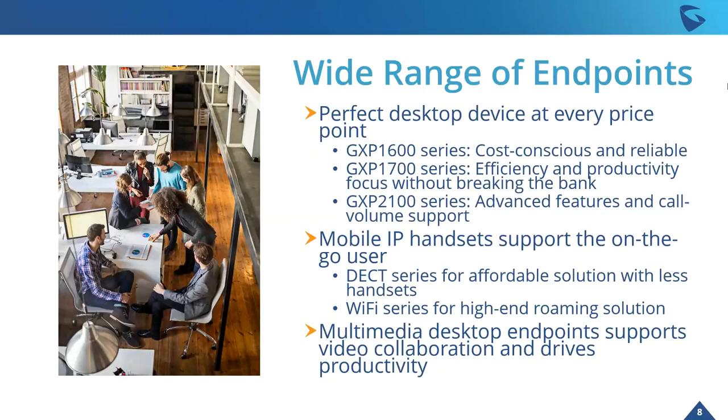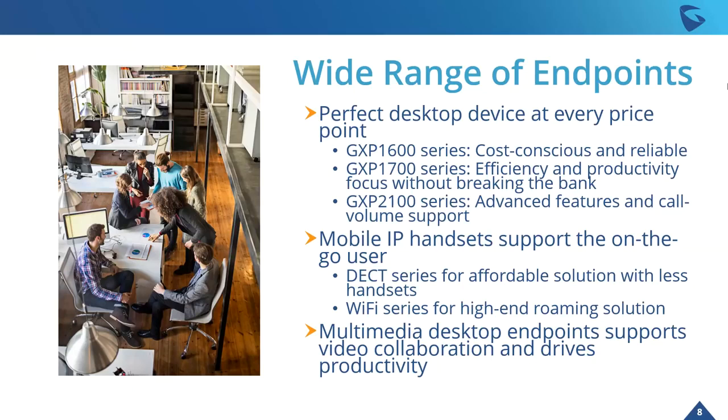Mobile IP handsets really help support the on-the-go user. This is definitely very important, too, as we're finding more and more offices switching to more of this quote-unquote hybrid layout. We have our DECT series for an affordable solution with less handsets. You may have seen we've released our newest generation of DECT solutions, really supporting a large range of handsets.